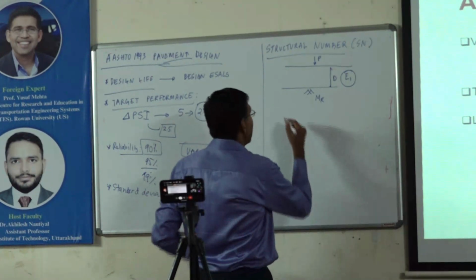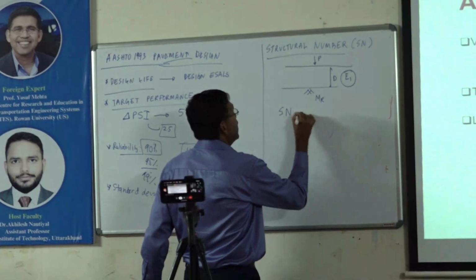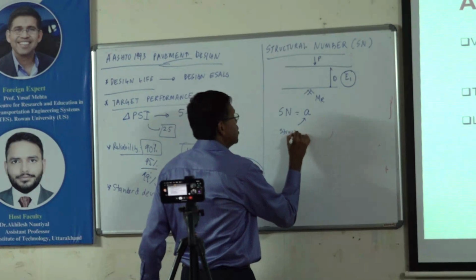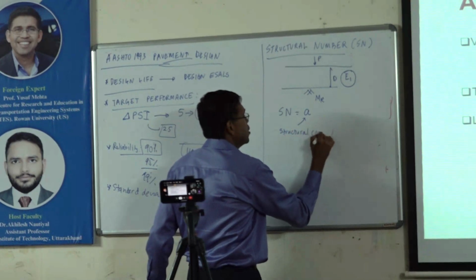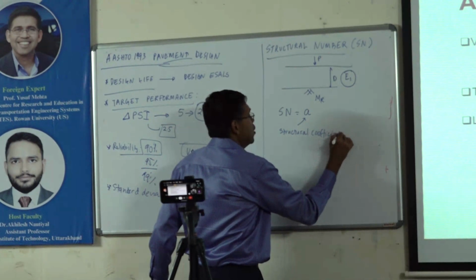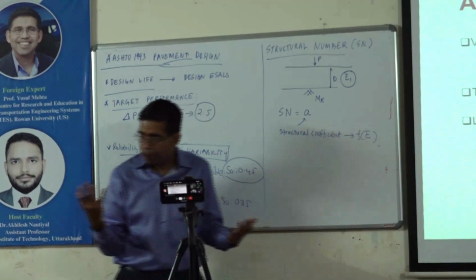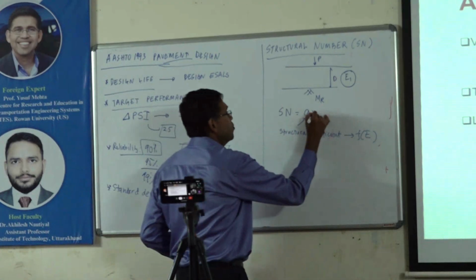So what it is saying is that my structural number is a structural coefficient, which is a function of E, which is a property of the material, times the thickness.